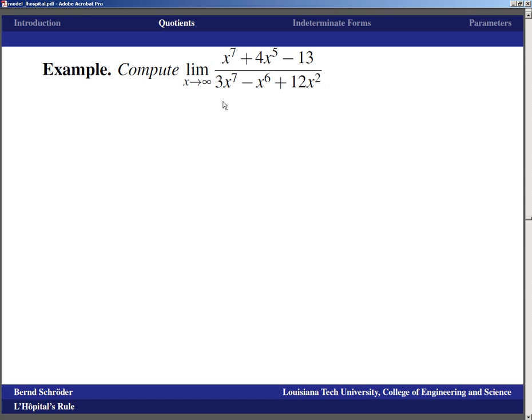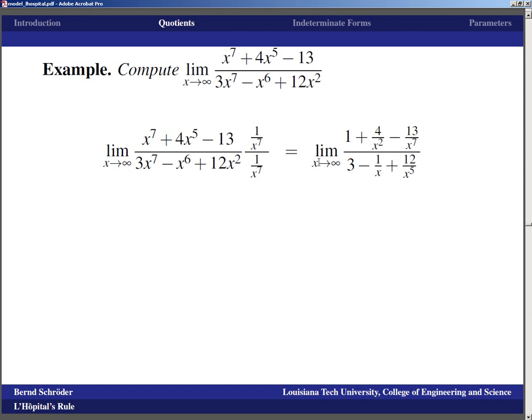Okay, this is the limit as x goes to infinity. And if we take the limit as x goes to infinity of x to the 7th plus 4x to the 5th minus 13 divided by 3x to the 7th minus x to the 6th plus 12x squared, well, we expand with 1 over x to the 7th.